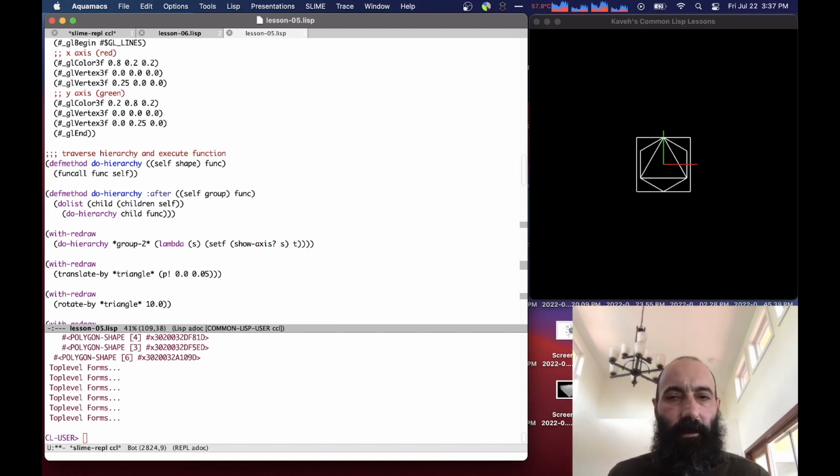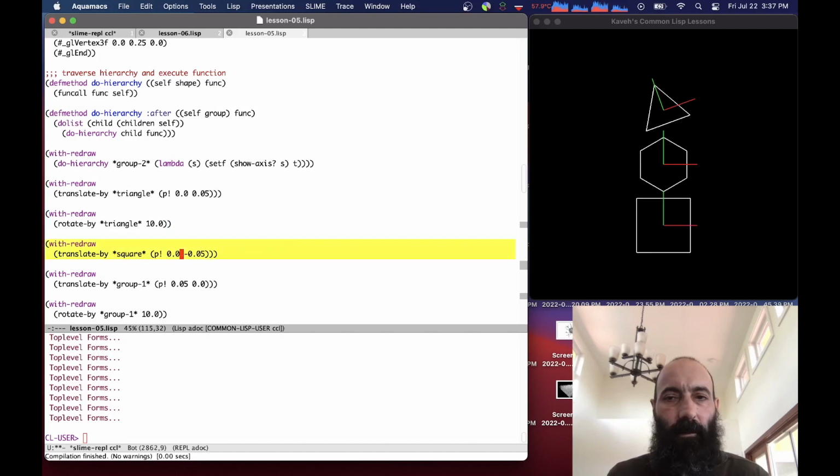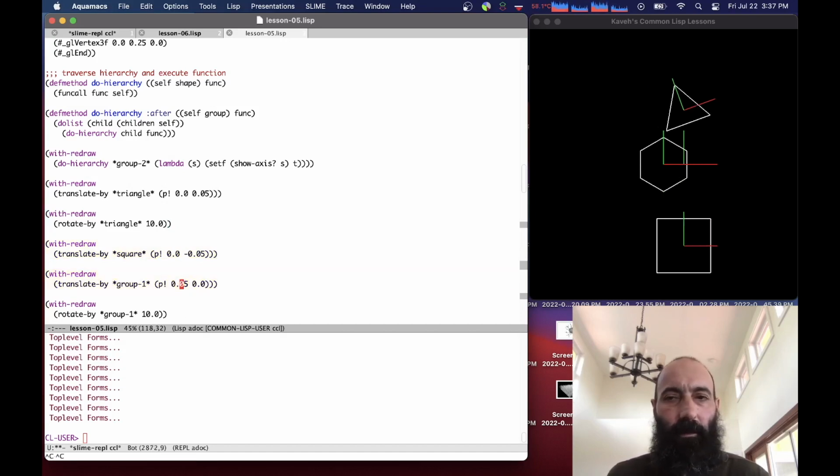So let me just quickly reproduce some of the stuff that we did last time. So I just don't want them to be all overlaid on top of each other so we can see what's happening. So we'll move the square. We'll move group 1.